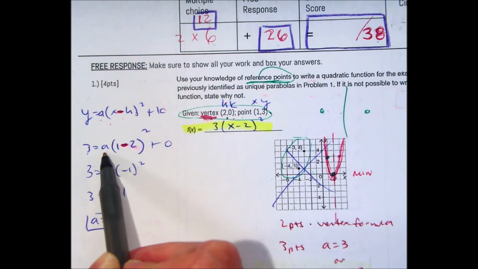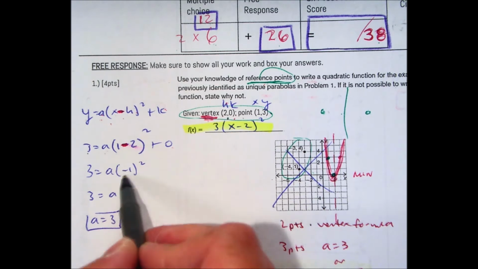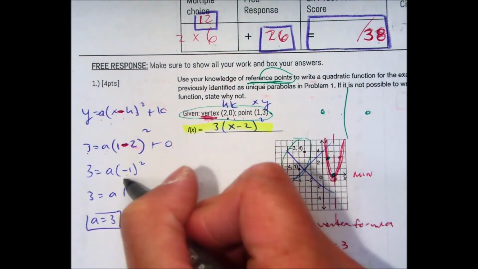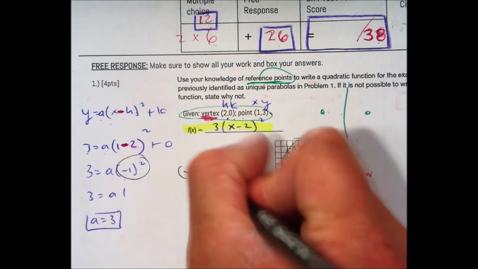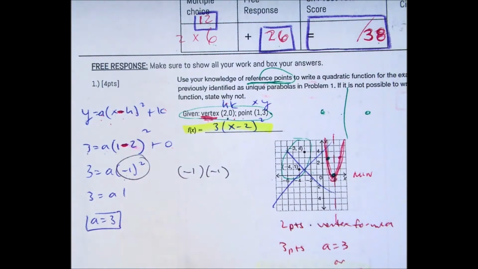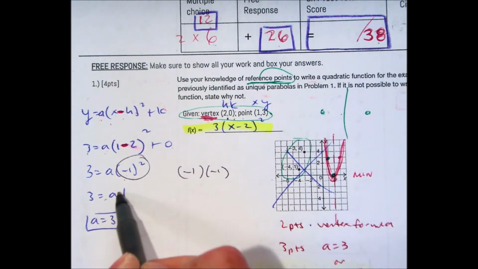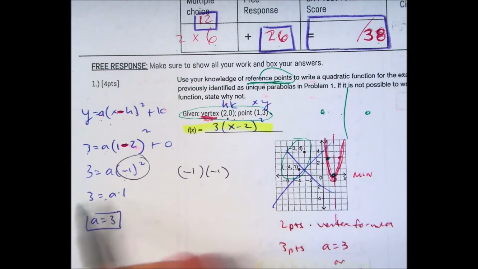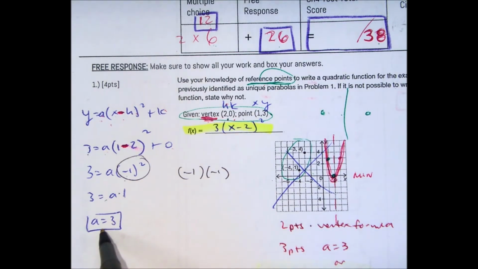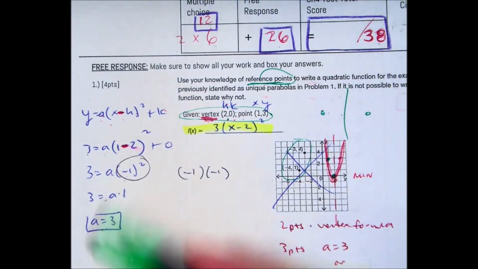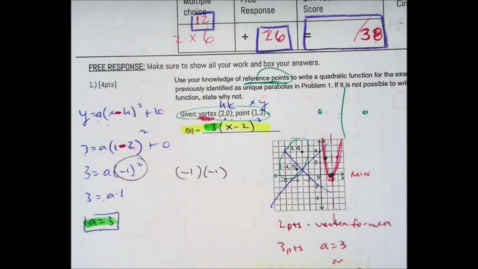That's a. That's what you're solving for. 1 minus 2 is negative 1. Negative 1 squared. Remember, that's negative 1 times negative 1. Use your calculator. It's positive 1. Or 1 times a, or just a. a is equal to 3. If I have a is equal to 3 here, I'm just going to substitute it in the front.